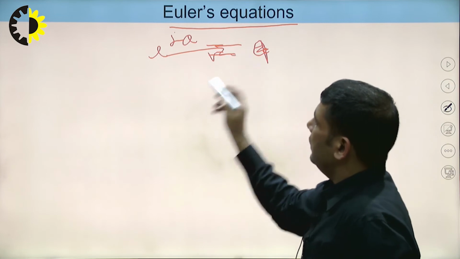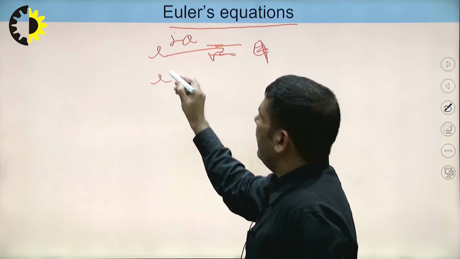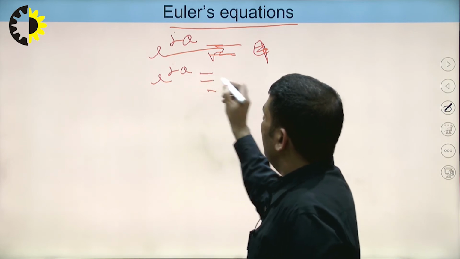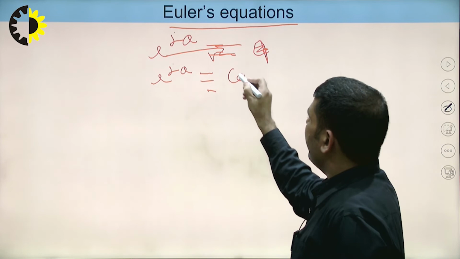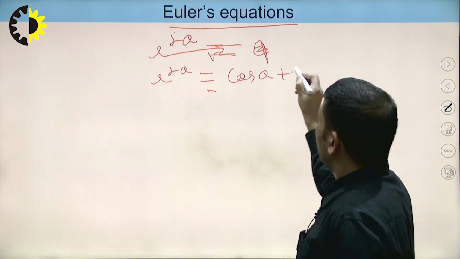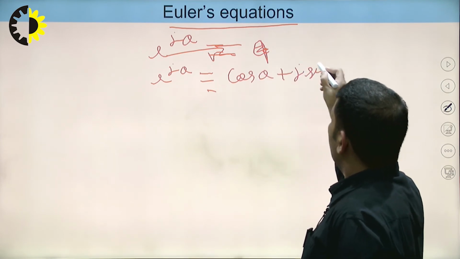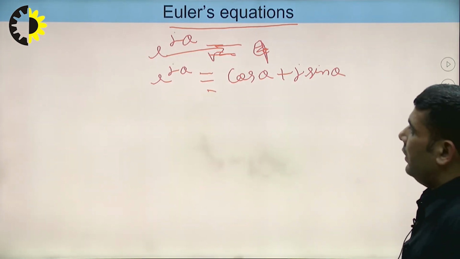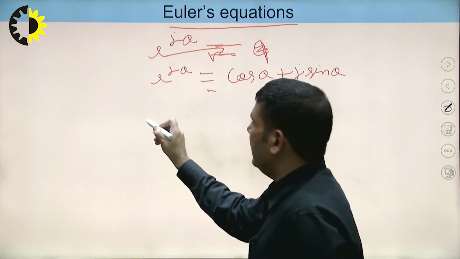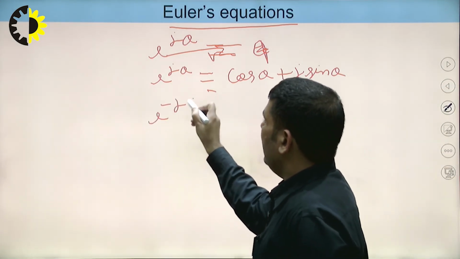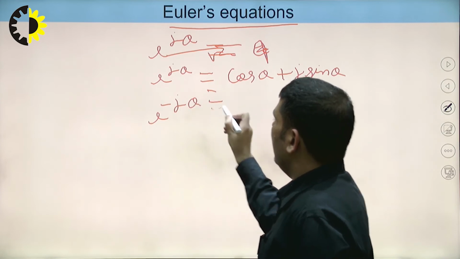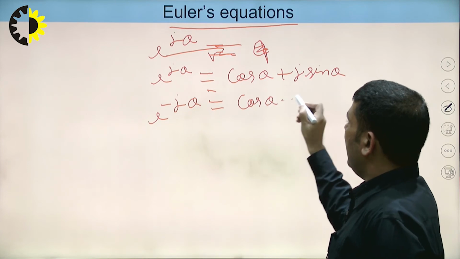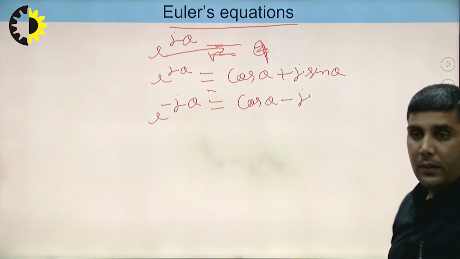That is written as cos theta plus j sin theta. And similarly e raised to power minus j theta will be written as cos theta minus j sin theta.